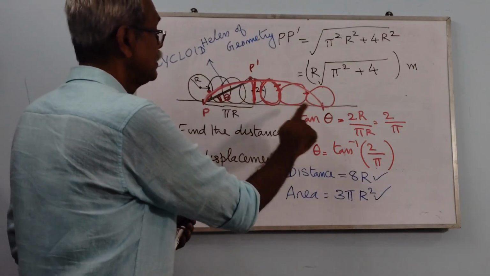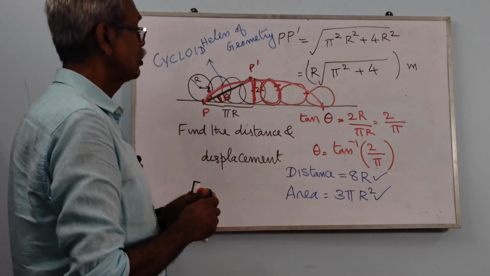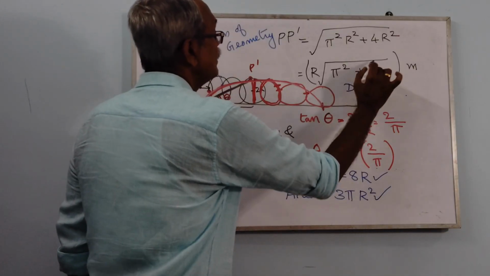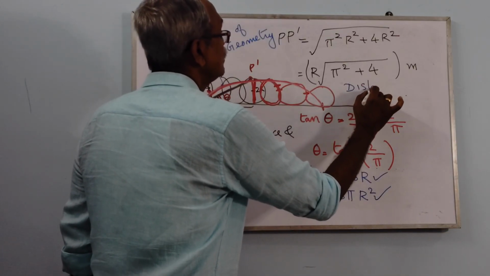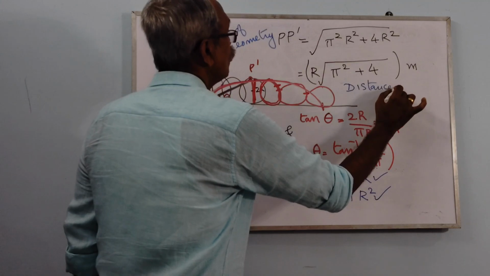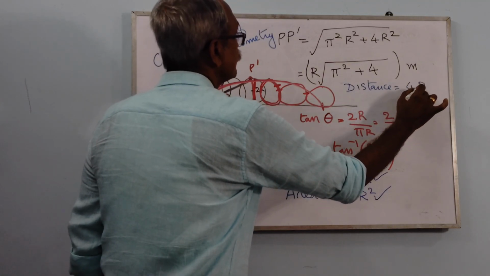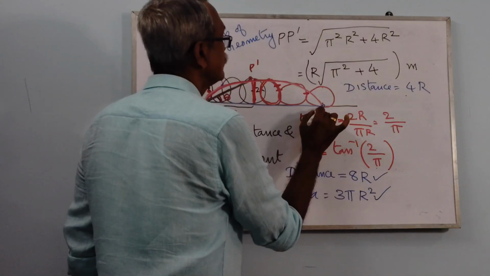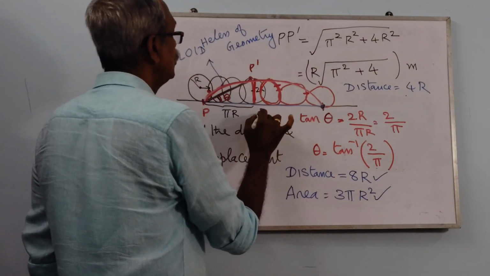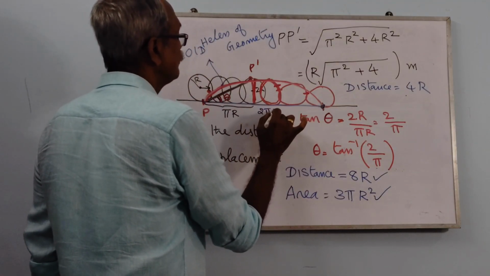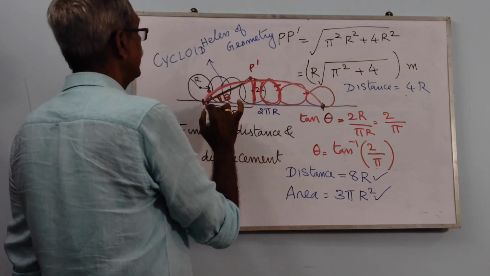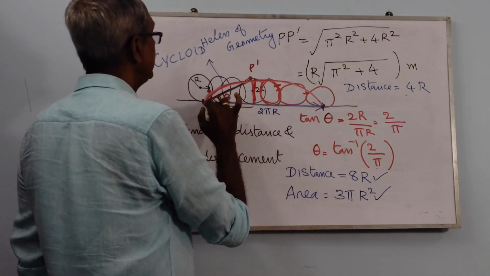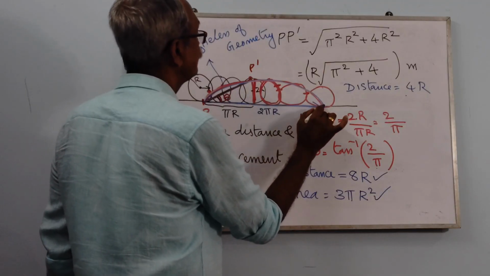So this is this distance. So the distance is equal to, here displacement is this, and the distance is equal to 4r. For a full rotation, it is very simple. The distance will be equal to 2 pi r, and the displacement will be this vector, which is 2 pi r, and the distance will be 8r.